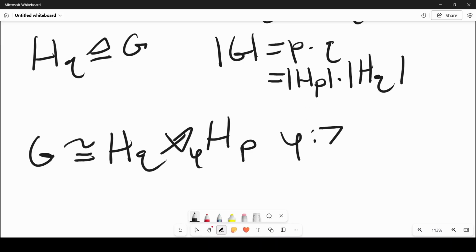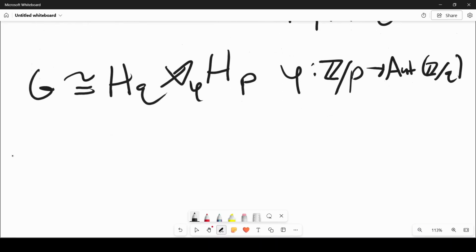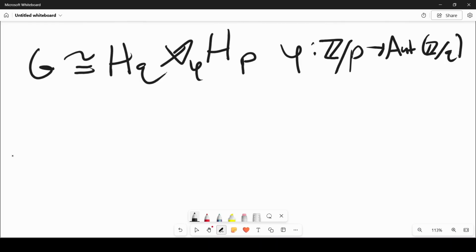So varphi is going from Z mod P, or HP, to the automorphisms of Z mod Q. Now, this is a fact.